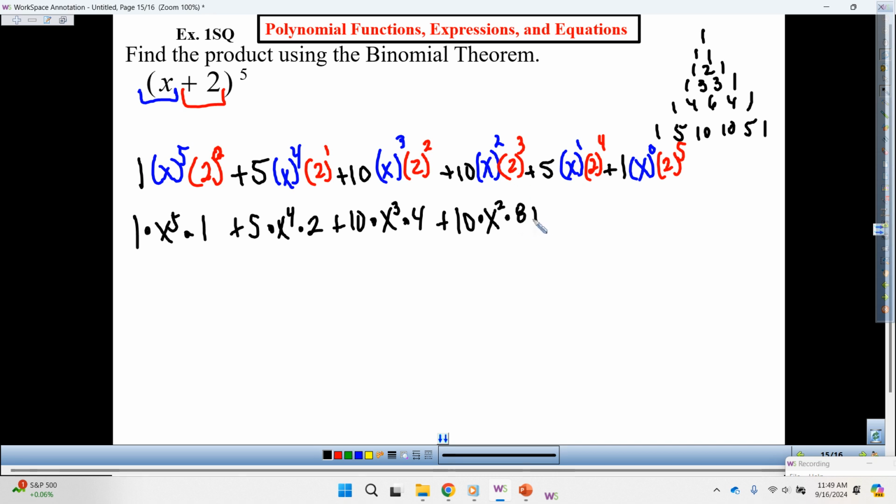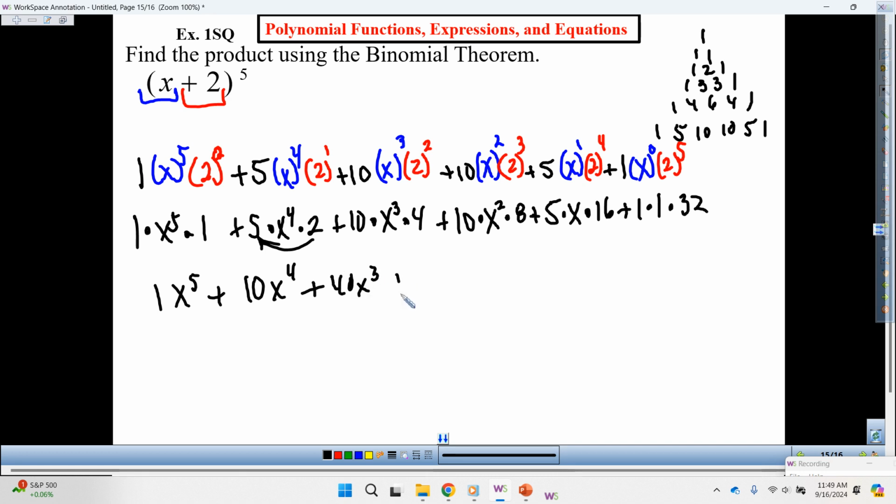Hold on. 5 times x times 16 plus 1 times 32. Answer: 1x to the 5th, plus 10x to the 4th, plus 40x to the 3rd, plus 80x to the 2nd, plus 80x, plus 32.